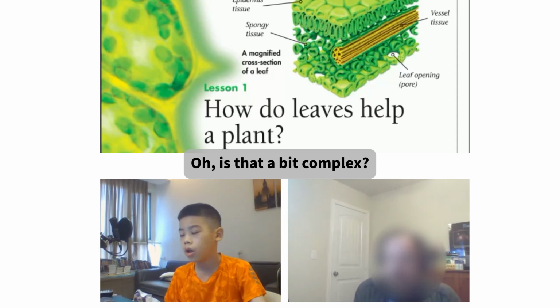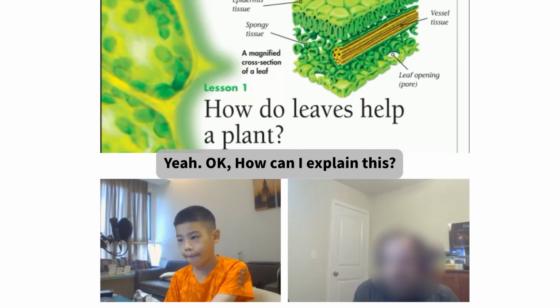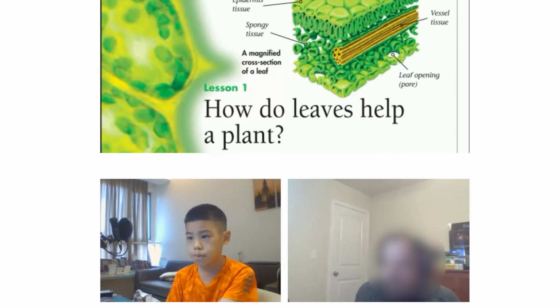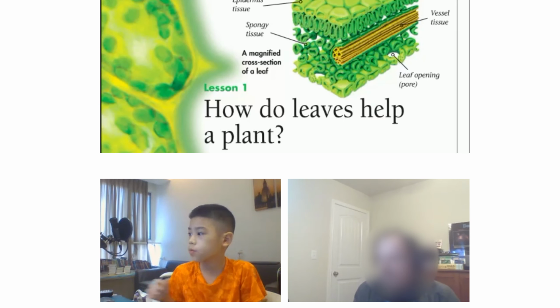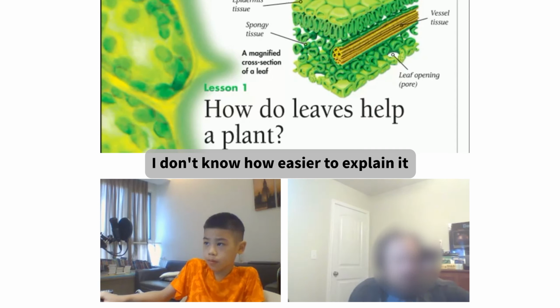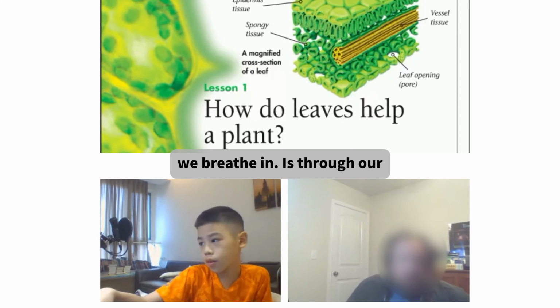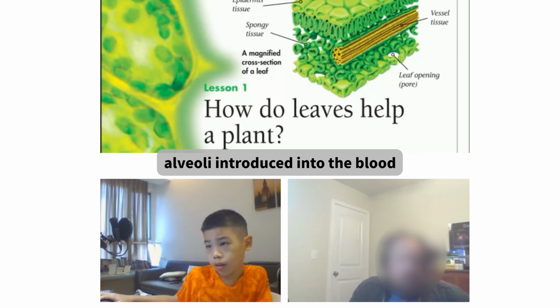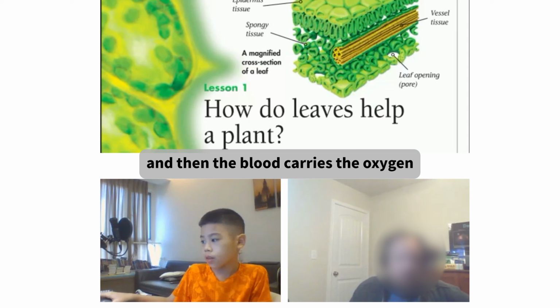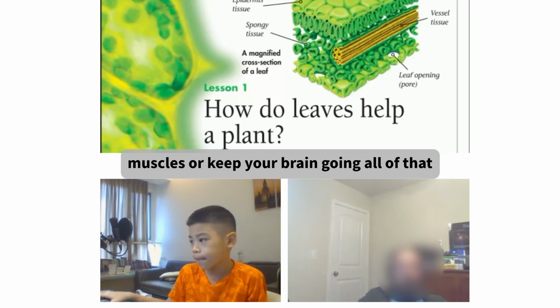Oh. Is that a bit complex? Yeah. Okay. How can I explain this? Let me think. I don't know how easier to explain it than when we breathe in, the oxygen that we breathe in is through our alveoli introduced into the blood, and then the blood carries the oxygen around the body to maybe feed your muscles or keep your brain going, all of that.